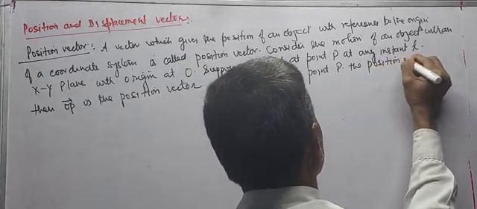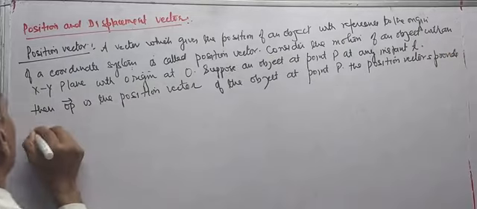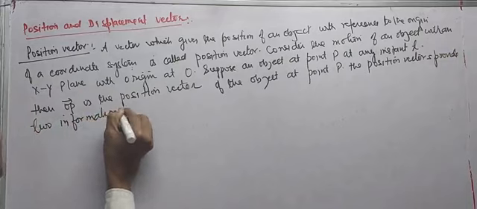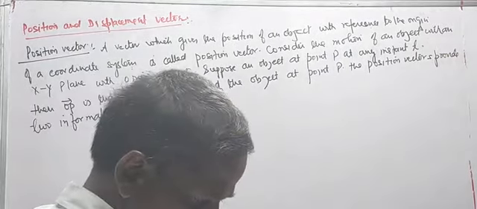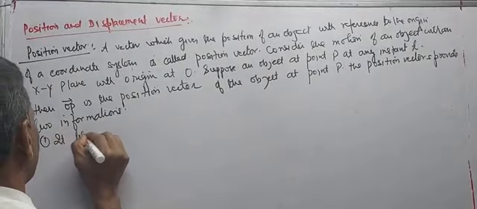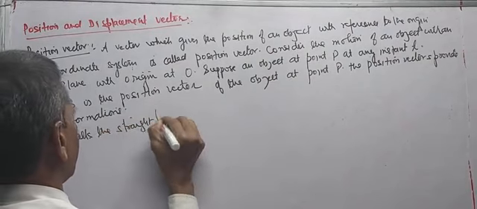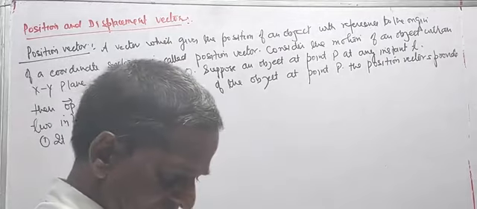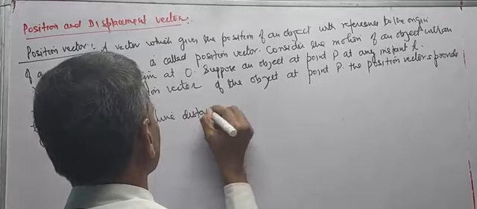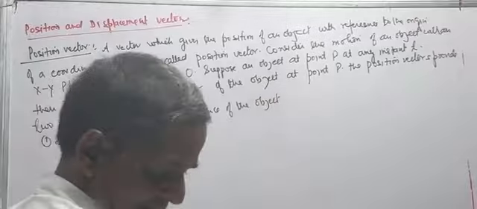The position vector provides two pieces of information. Firstly, it tells the straight line distance of the object from the origin.